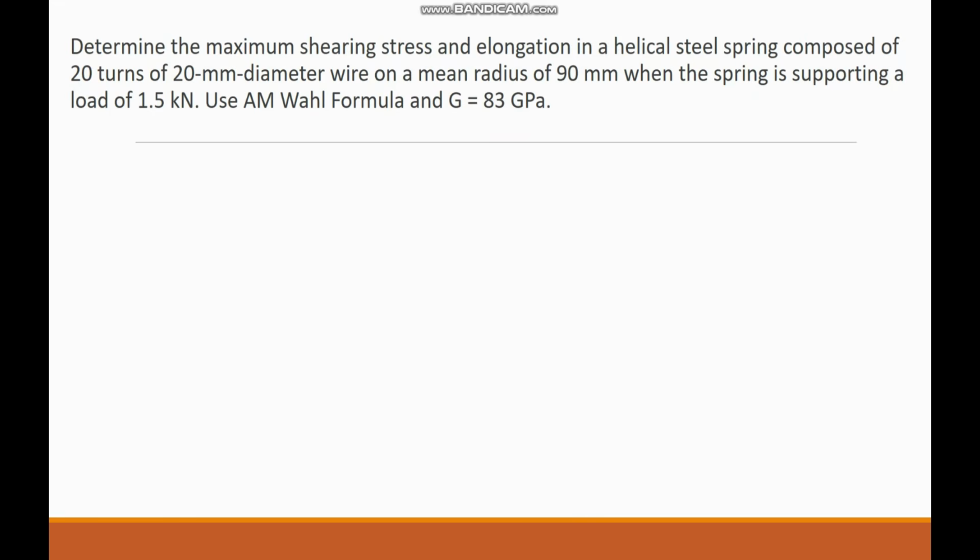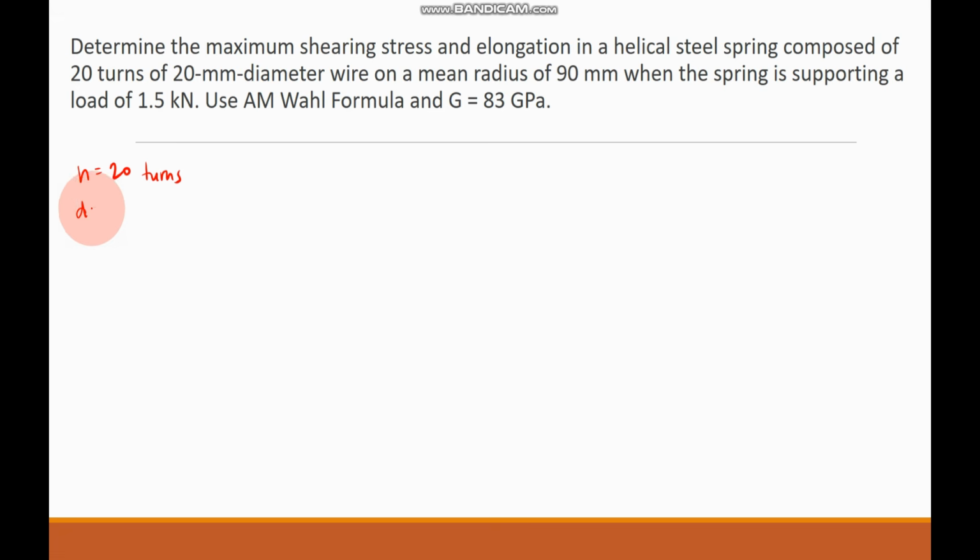For our sample problem 1, determine the maximum shearing stress and elongation in a helical steel spring that is composed of 20 turns of 20 mm diameter wire on a mean radius of 90 mm when the spring is supporting a load of 1.5 kN. Use AM wall formula and the shear modulus is equal to 83 gigapascal. So we have here 20 turns yung given natin.